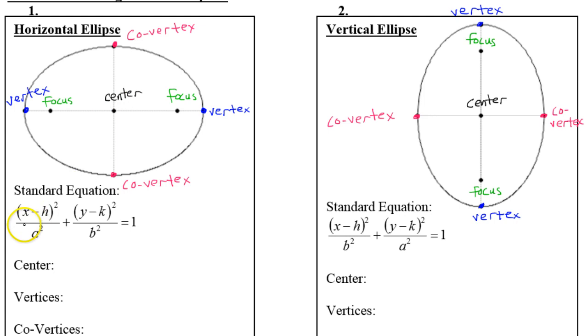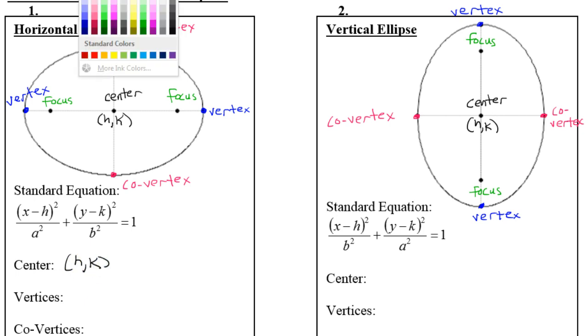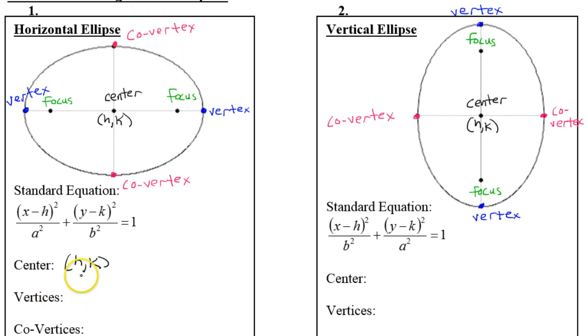Now remember that if you're looking at the standard form equation, the h and k right here are the coordinates of the center. So this is h comma k. All right, h comma k, that's the center. So if I wanted to write the coordinates of the vertices, I can do that.